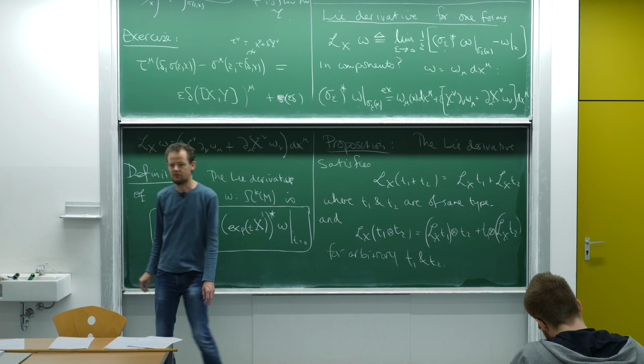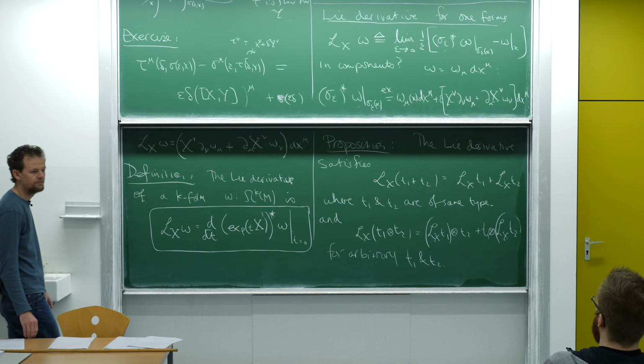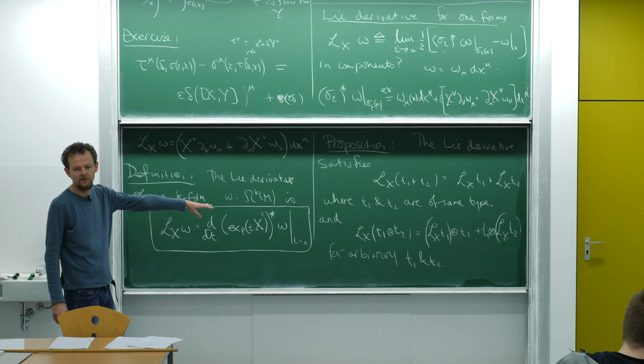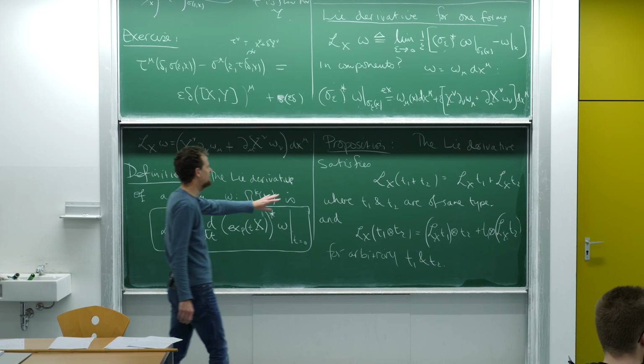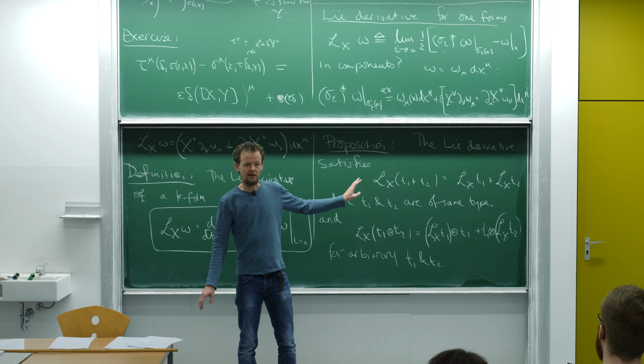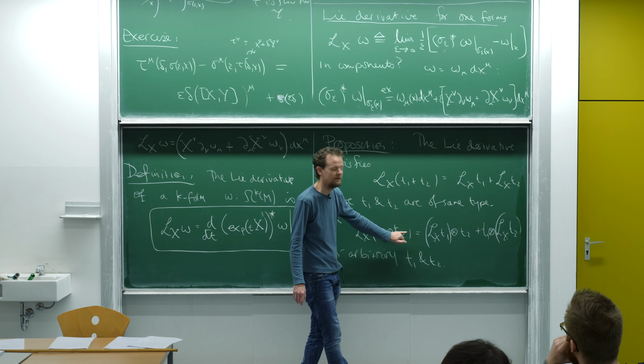I'm not going to prove this proposition. Instead, I like to think of it as a definition and just use it to extend the definition of the Lie derivative to mixed tensors this way.